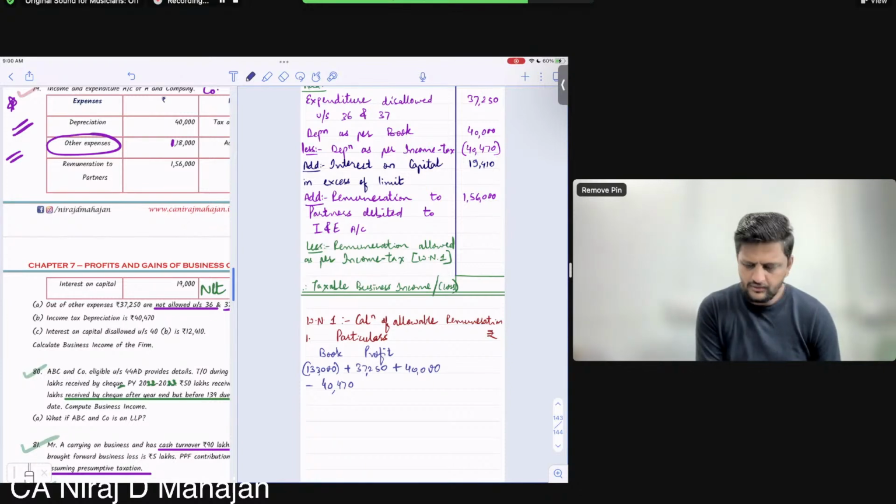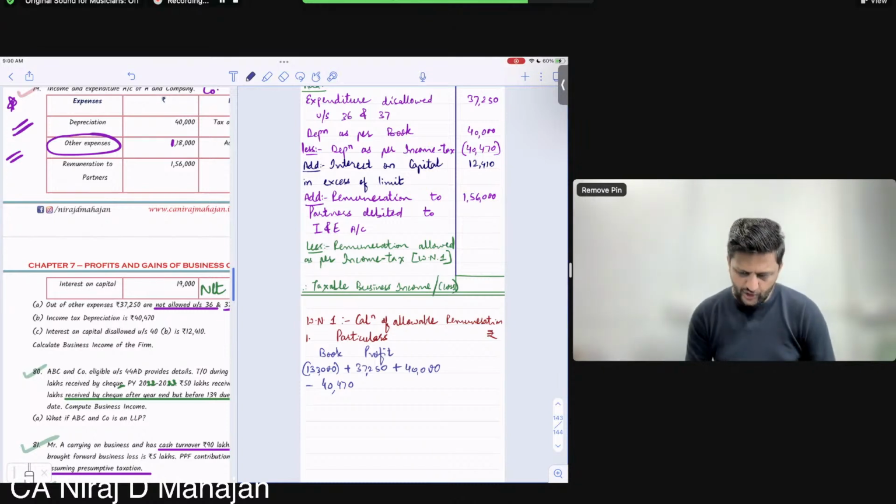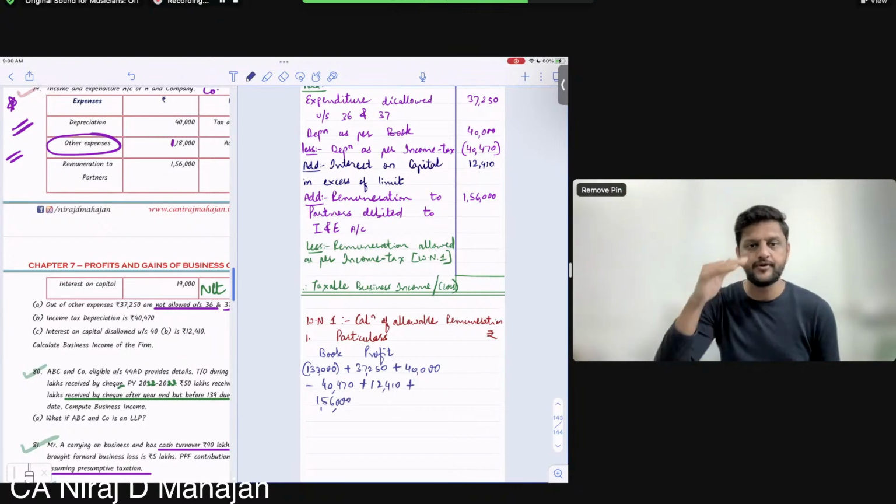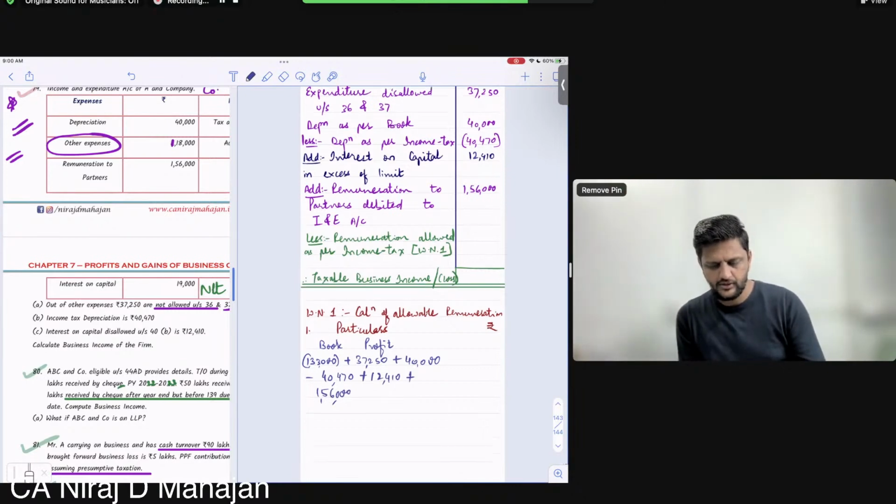Then we disallow interest on capital 12,410, whichever is disallowed. To the extent it is disallowed, we add back. And also add remuneration. Basically, we're just trying to find the figures before all these things happened. Going back to the origin.